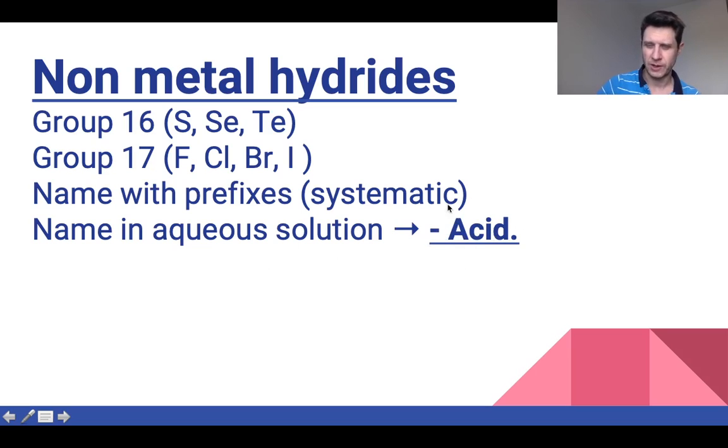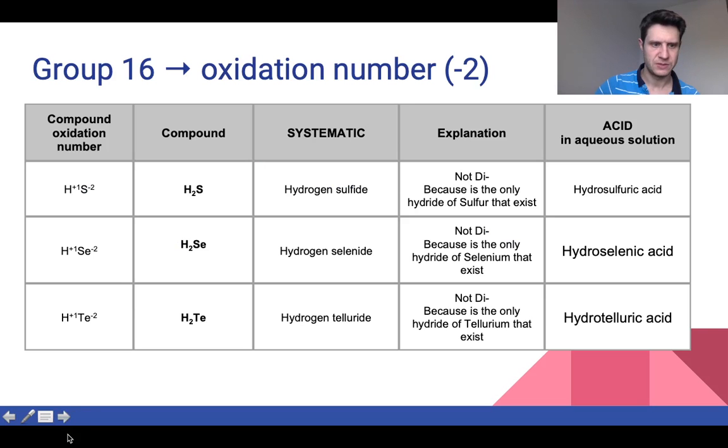Okay, well, this kind of aqueous solution are acids. Okay, group 16, oxidation number -2, and all of them -2 here, -2, -2. Okay, so all the way are the same.